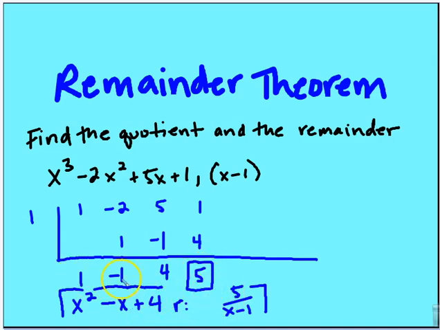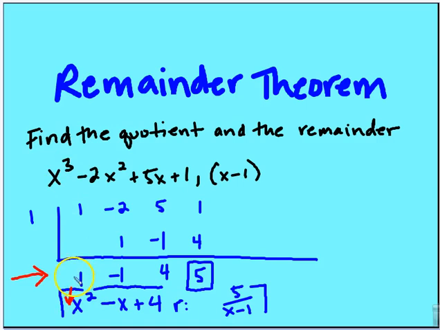So let's take a look at what we get as the quotient and how it relates to the values that are listed underneath this line here as we go through the process. So this 1 here is a coefficient for the x squared term, and the first term in our quotient is going to be the value that has a degree that's 1 less than the highest degree value in our polynomial.